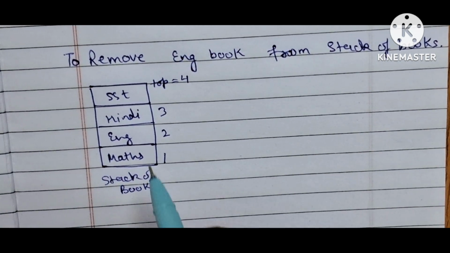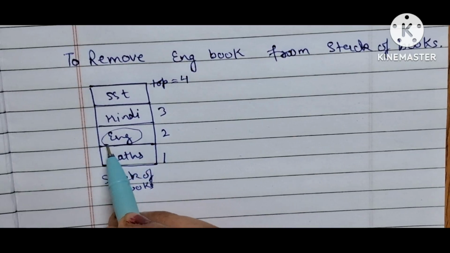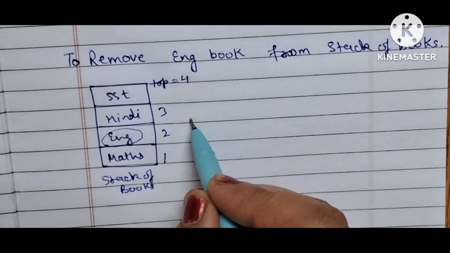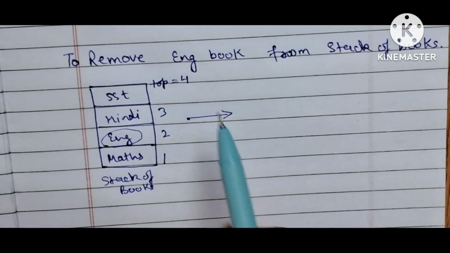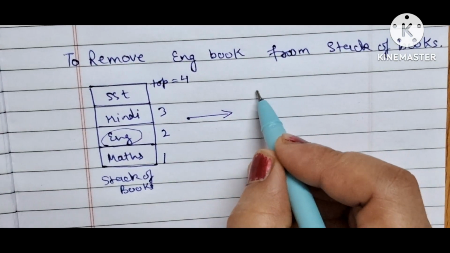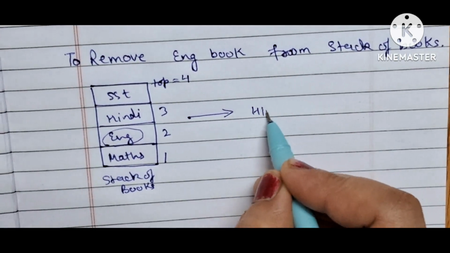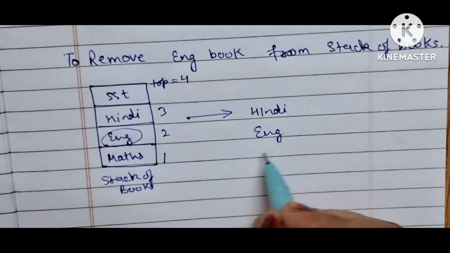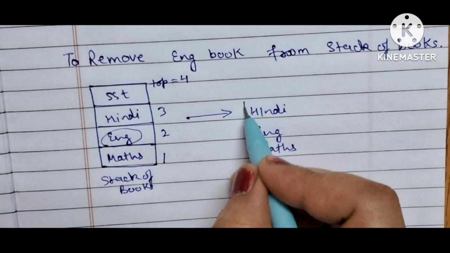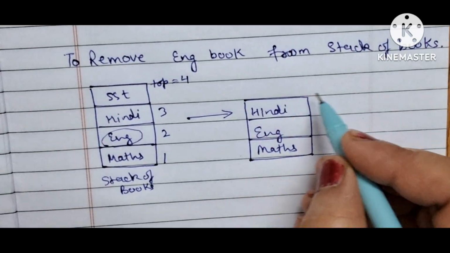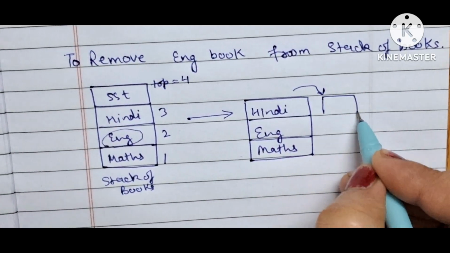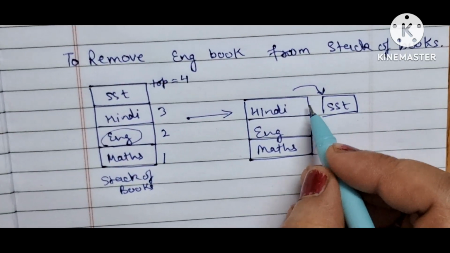Now I have to take out the English book. For that I first have to remove or pop the SST book from the stack. So I have my remaining 3 books, that is Hindi, English and Maths, on the stack of books, and I have popped out the SST book from the stack.